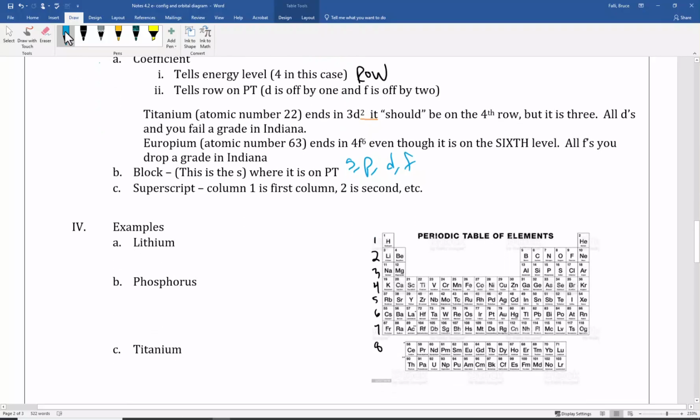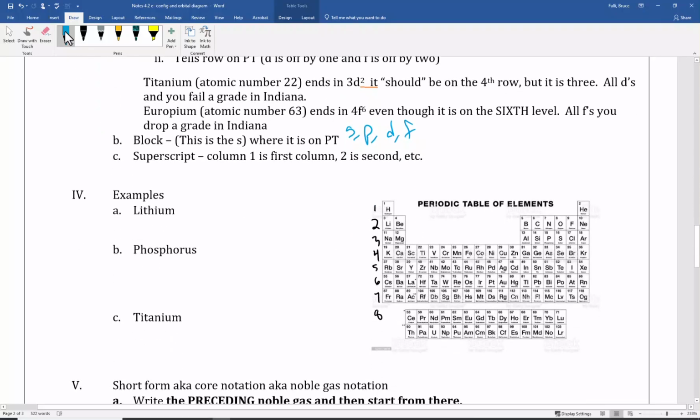Oh man, I don't think I understand any of this, so let's just do some of them, okay? So I'm going to start with lithium. Lithium has 3 electrons. I have to account for all of those 3 electrons, and I'm going to fill from the top left on through. There's 1, 2, and there's the third one. Lithium is going to start off on the first row.